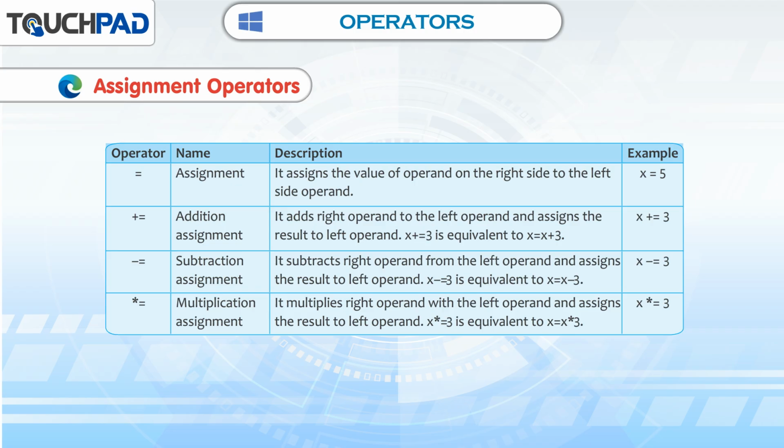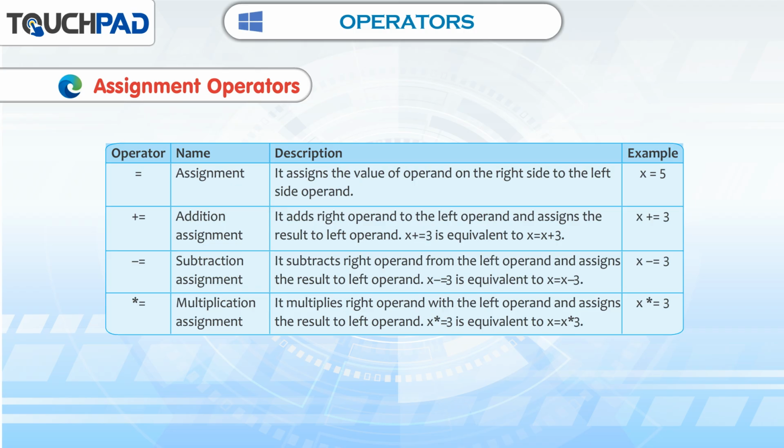Addition assignment: it adds right operand to the left operand and assigns the result to left operand. x += 3 is equivalent to x = x + 3. Subtraction assignment: it subtracts right operand from the left operand and assigns the result to left operand. x -= 3 is equivalent to x = x - 3.